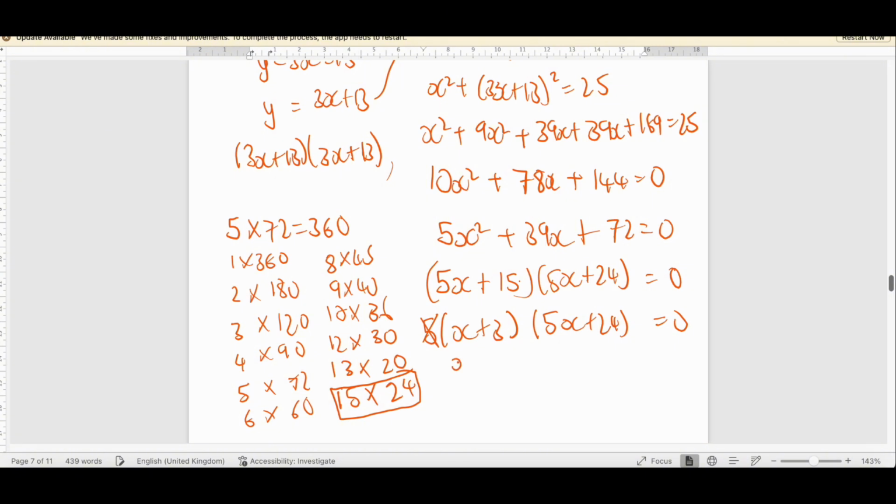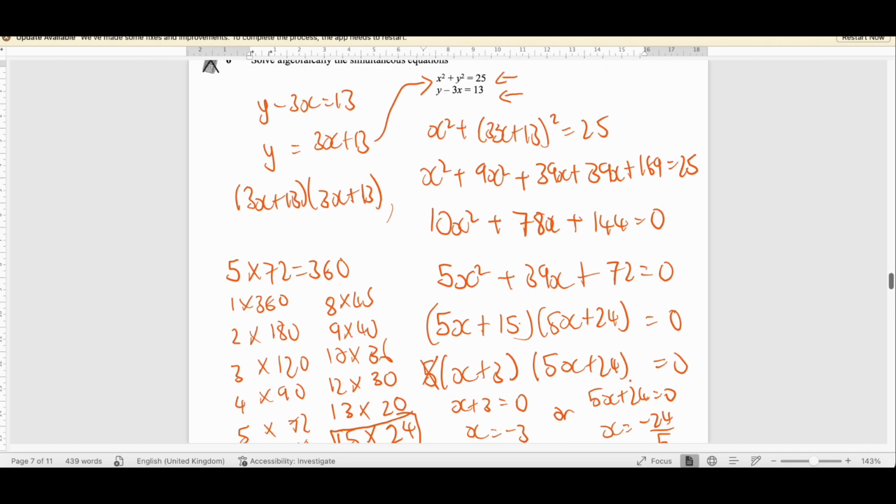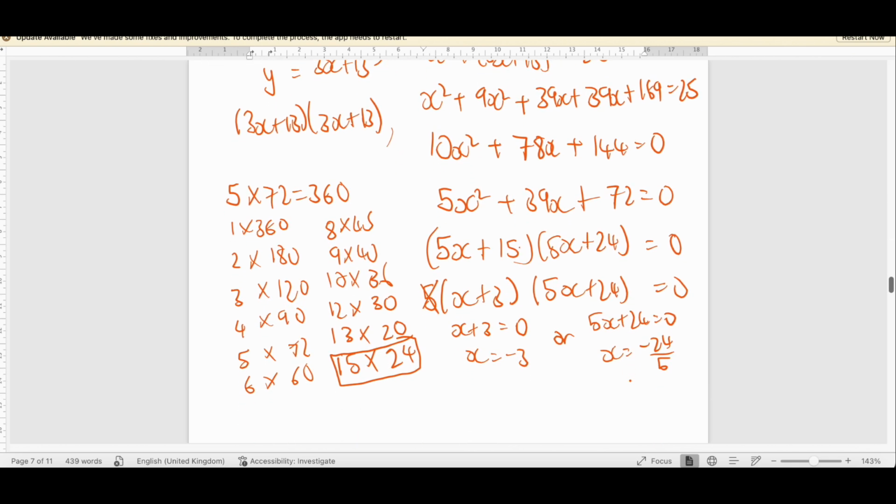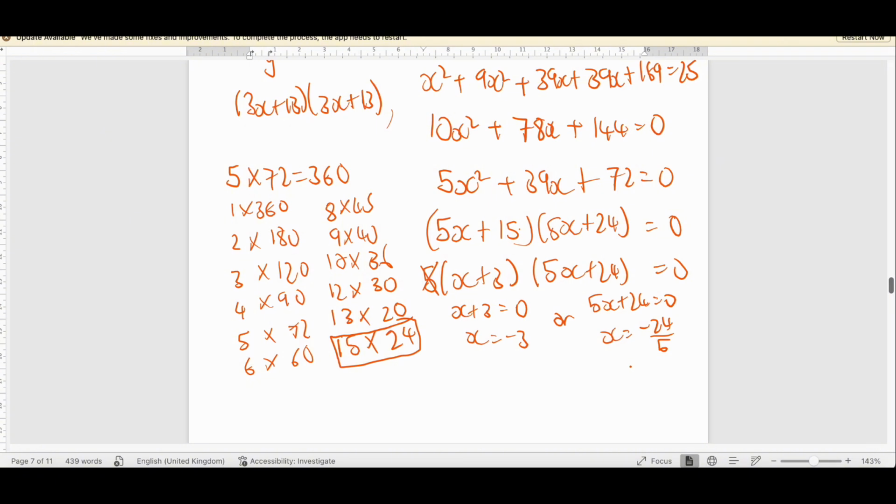So you're going to write x plus 3 equals 0, so x is minus 3, or 5x plus 24 equals 0, so x is equal to minus 24 divided by 5. Okay, there's our two solutions. If one wanted to make this a little bit easier, we can calculate this as minus 4.8.